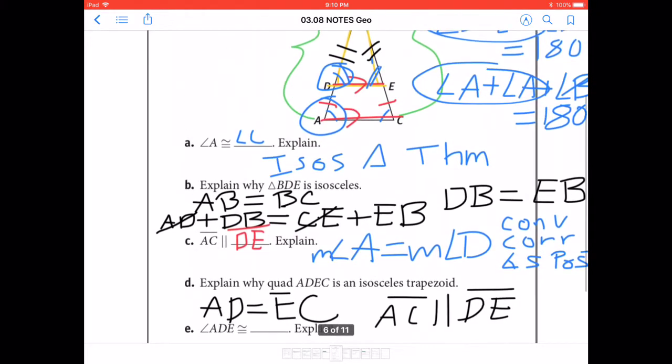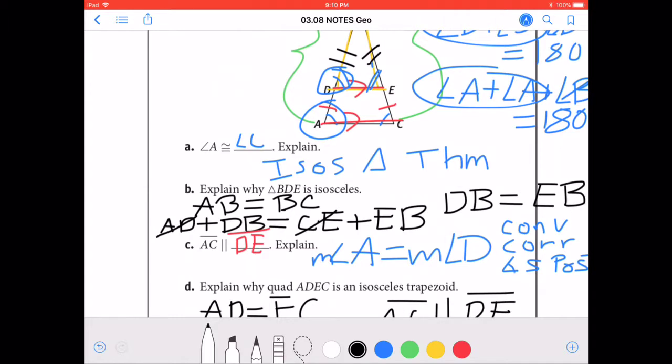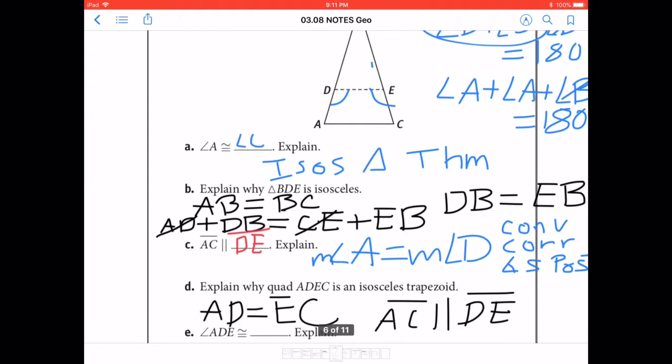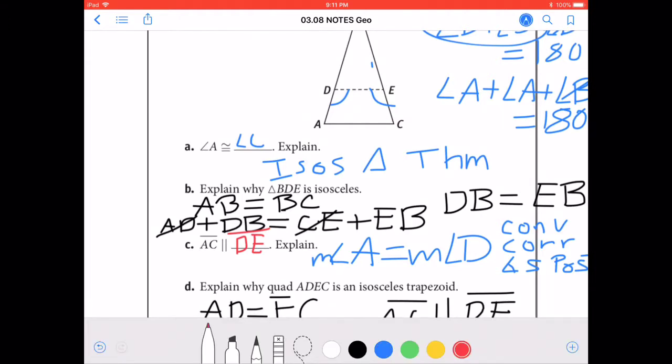So let's take a look at that. I'm sorry, I keep moving around. I'm going to erase some stuff just so we can see it a little bit better. What we're trying to prove right now is that ADE is congruent to CED. And we know that these angles are congruent, so since they're both linear pairs, their components also have to be equal to each other.